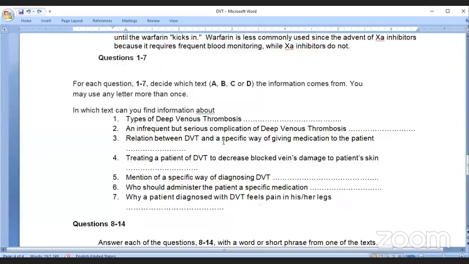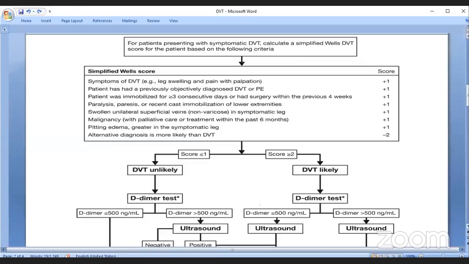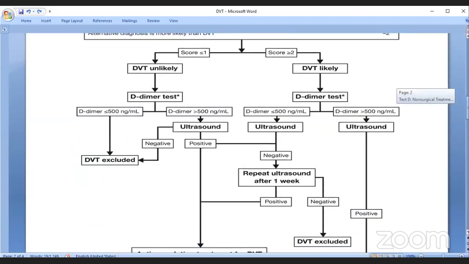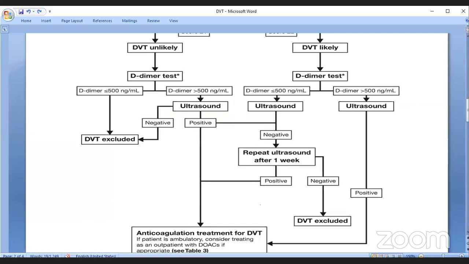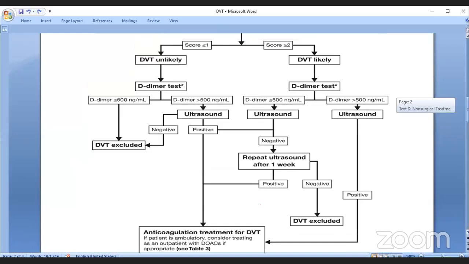Okay, let us go to C. I can copy the question in the comments.